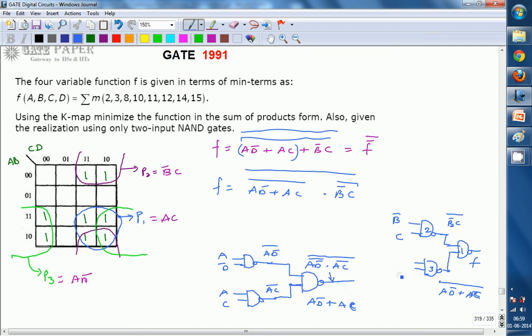To get the complement, give it to one more NAND gate. Connect those two things. So this is the realization. Here AD bar plus AC you will get, that gets complemented, and you will get this function at this point.